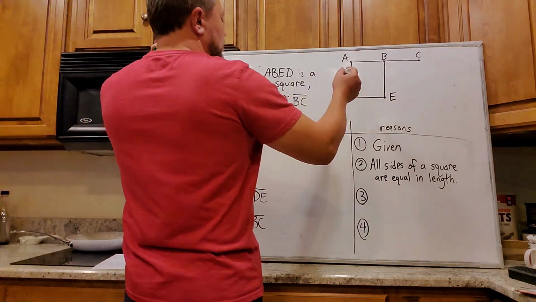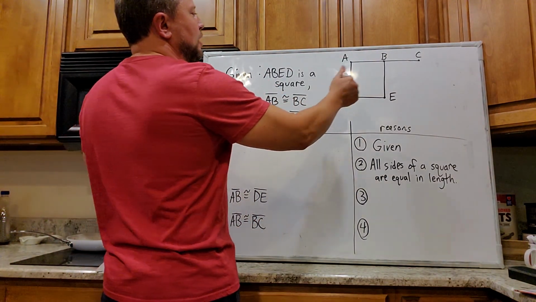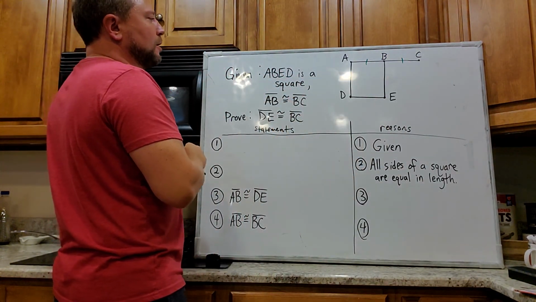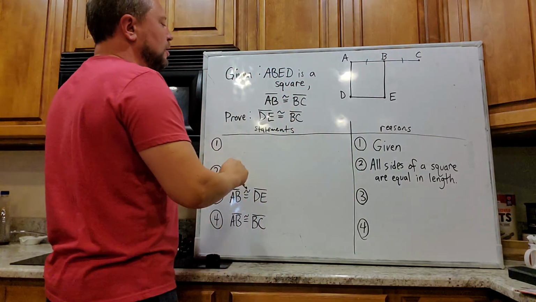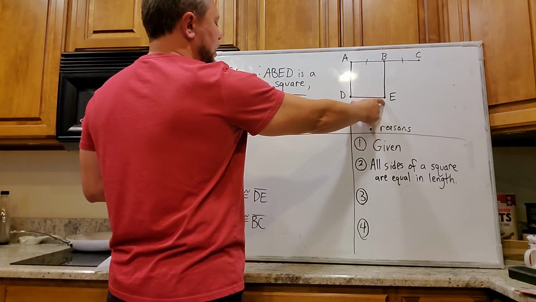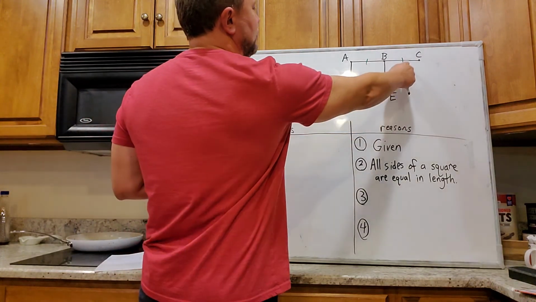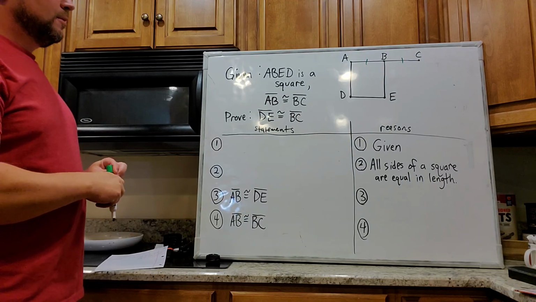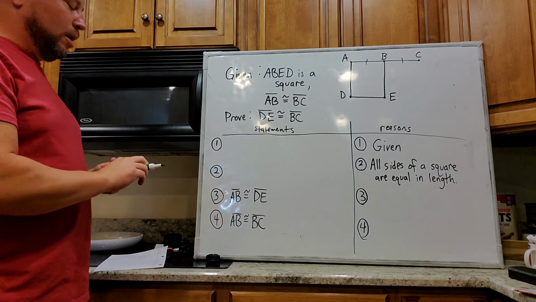So in our picture, we could go ahead and mark AB and BC. Those two match. Okay, and then this is a square. And we're trying to prove that this segment DE down here is then going to be congruent to this segment BC over there. All right, so here we go.